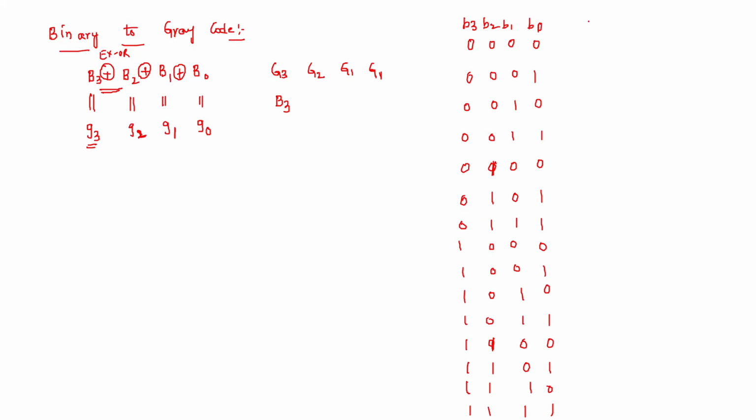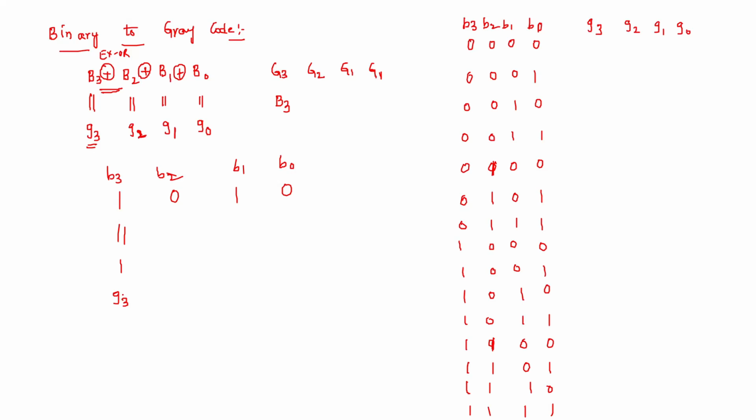Then I need to convert to gray code: G3, G2, G1, G0. Just take any number, like 1010, as the binary number, with B3, B2, B1 and then B0. This value should be the same, that is G3.